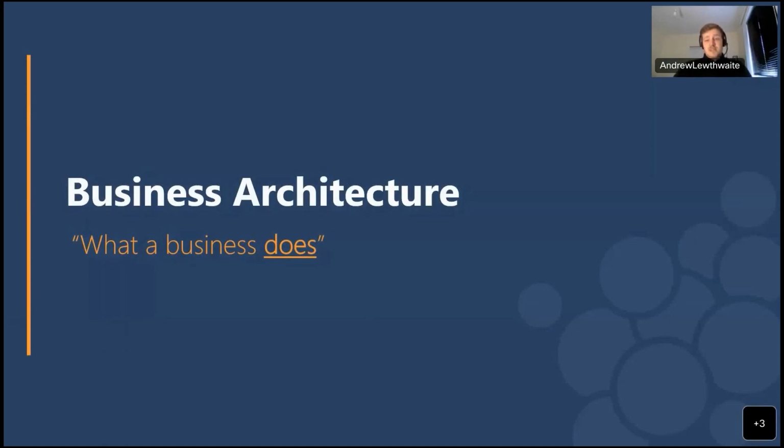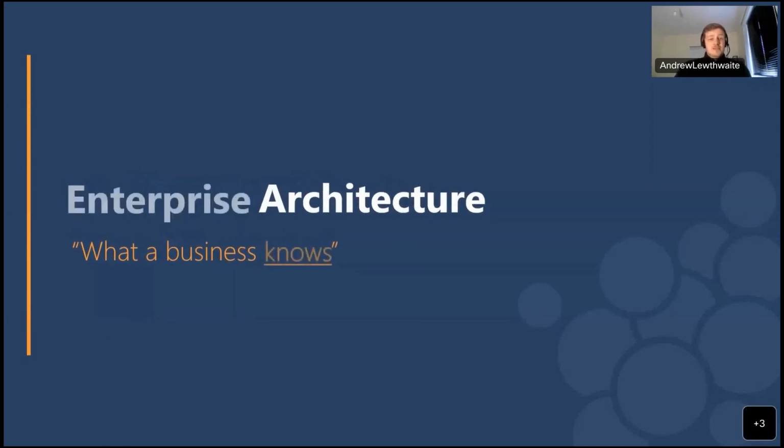Fundamentally, he said that business architecture really is what a business does, and enterprise architecture is what a business knows. We're going to deep dive into a couple of these aspects to show you how those two areas can be combined, and of course the benefits later on of diving into both.